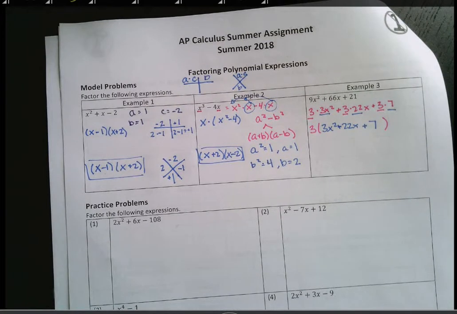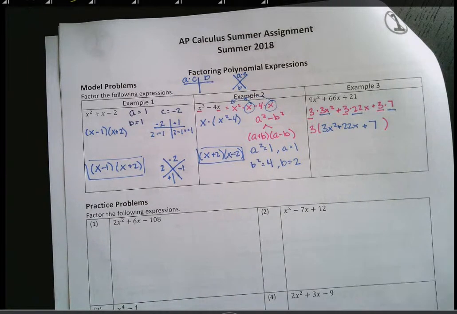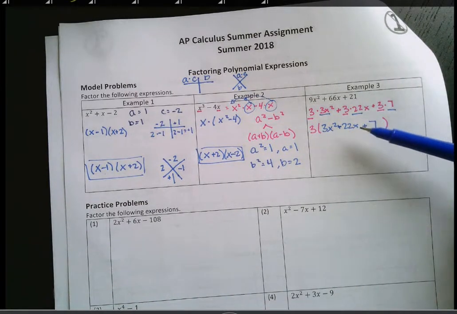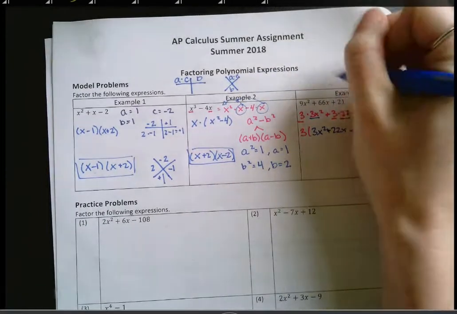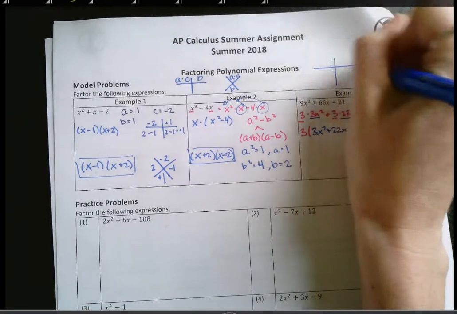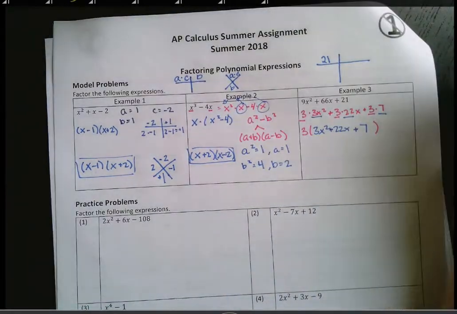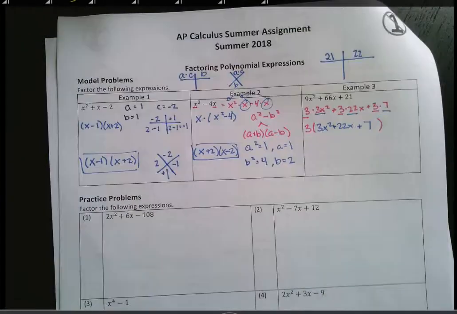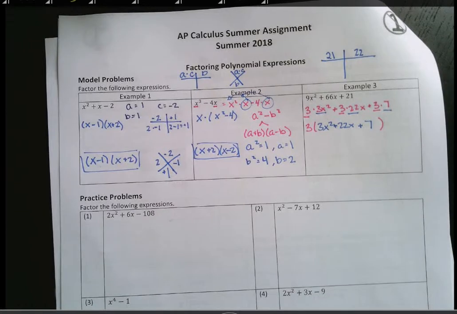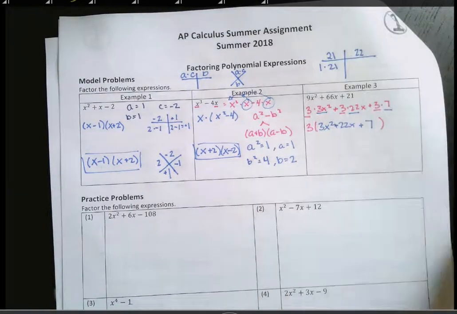And then when we're here, we look at that a, b, and c value again. Okay, so our a value is 3, b value is 22, and c value is 7. So I'm going to do my table up above here just to keep some space. So I'm saying, hey, 3 times 7, that's 21. And I want to know what multiplies to 21 but adds to 22. Our answer for that is going to be 1 times 21.